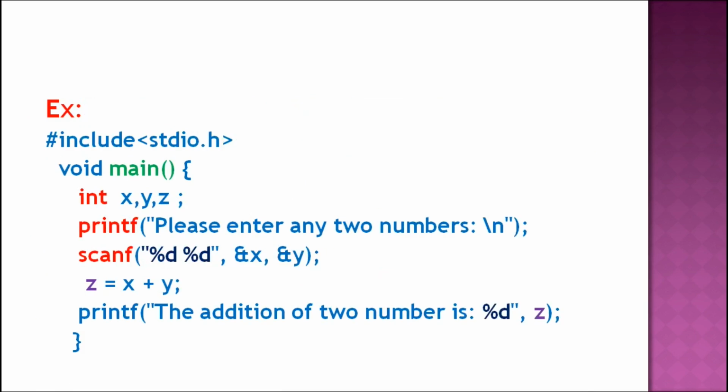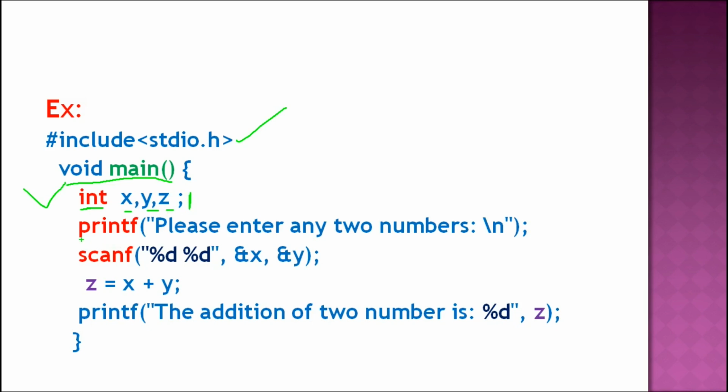Here is the example program. Here we included our standard input output predefined library. After that it is our main function. Here we have the int data type, and the variables are x, y, z. Then we use the semicolon to end the line.